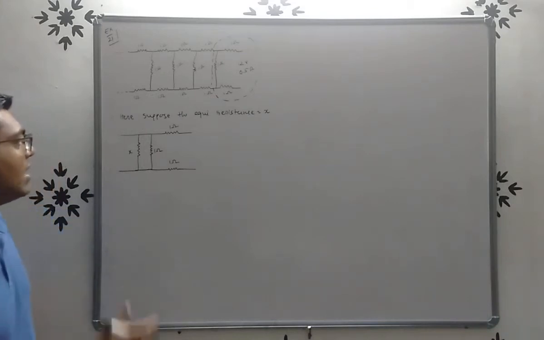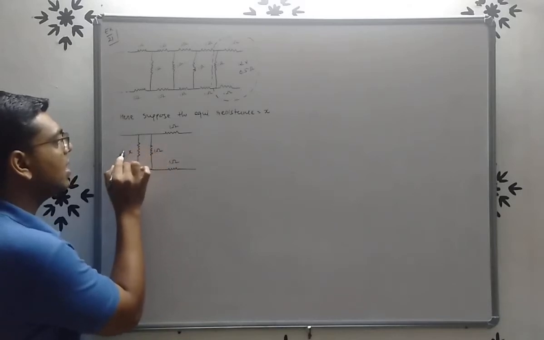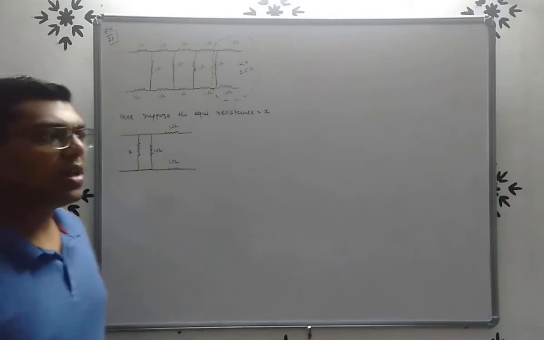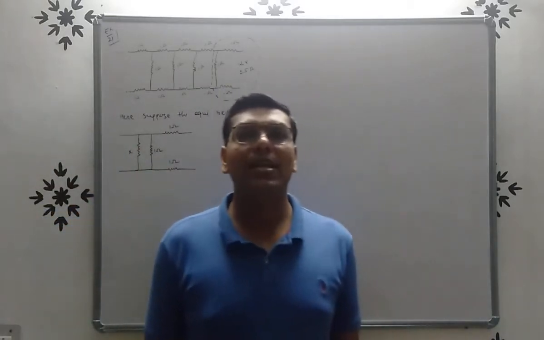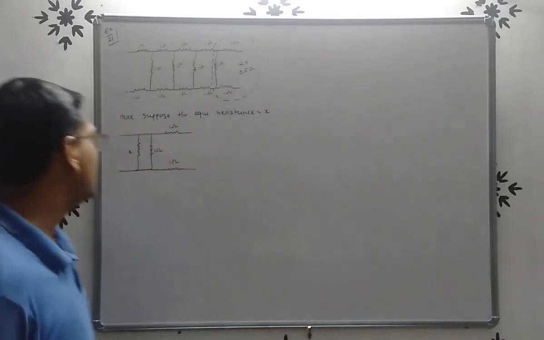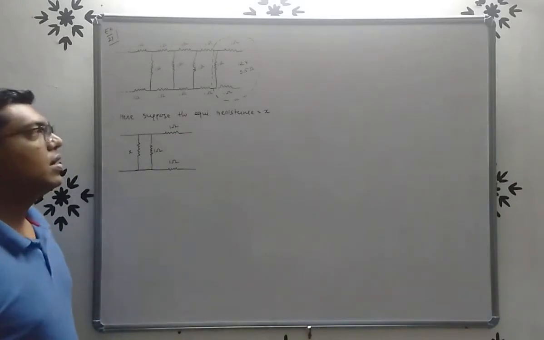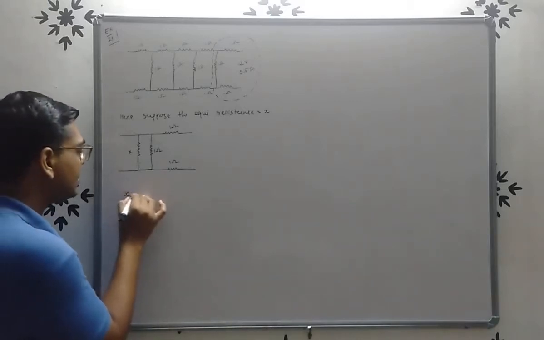Now we know that this X and this are in parallel combination, right? So we know that for parallel combination the equivalent resistance R equivalent is equals to R1 R2 upon R1 plus R2, right? So here the total equivalent resistance of this circuit is X, right?